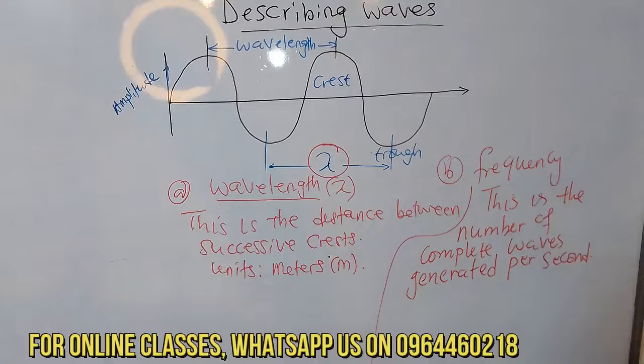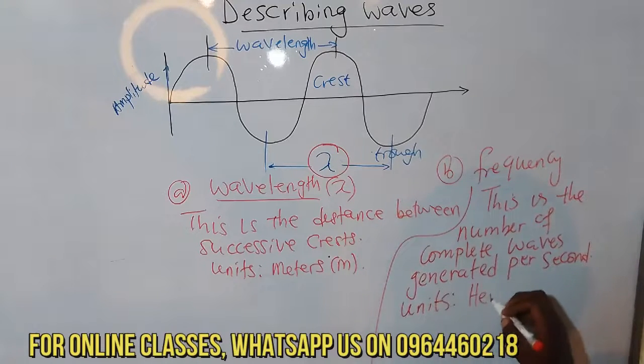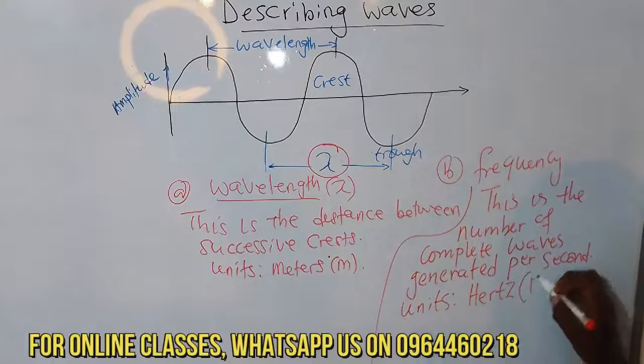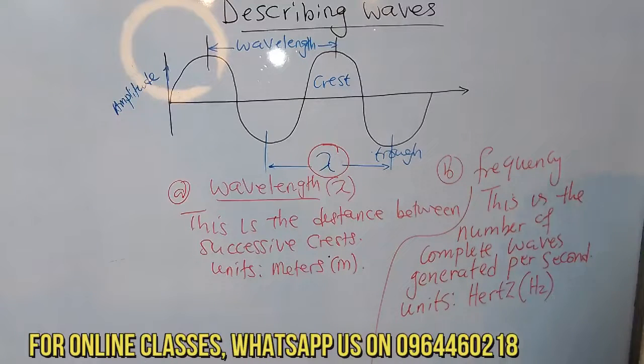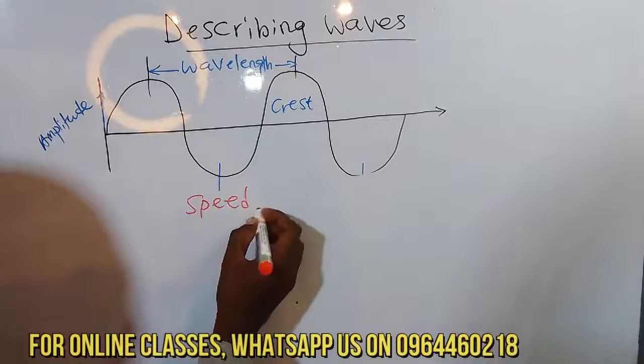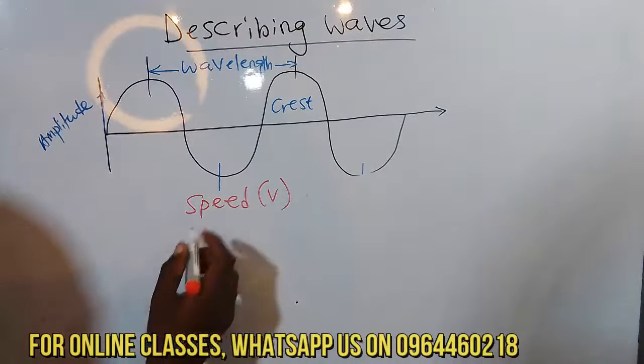The frequency is simply the number of complete waves generated per second. The unit is the hertz, or simply Hz. The symbol of the frequency is just this f. And V is just velocity.